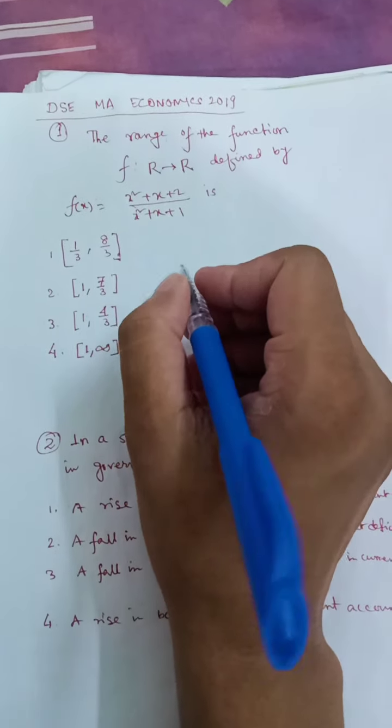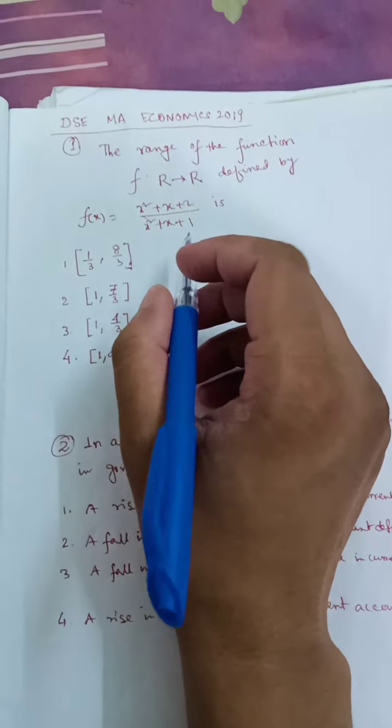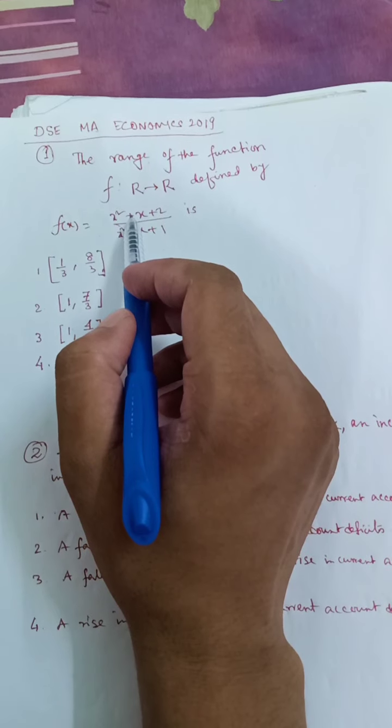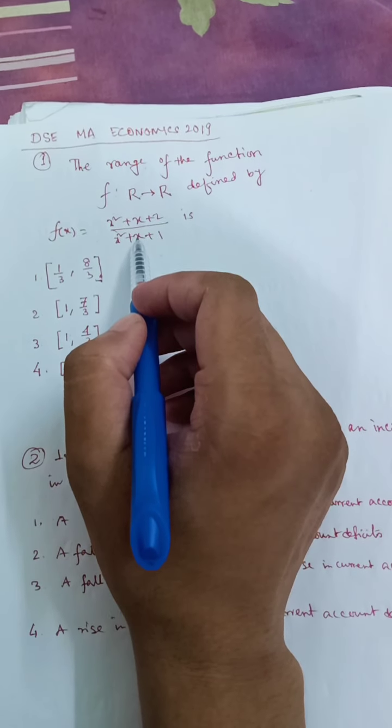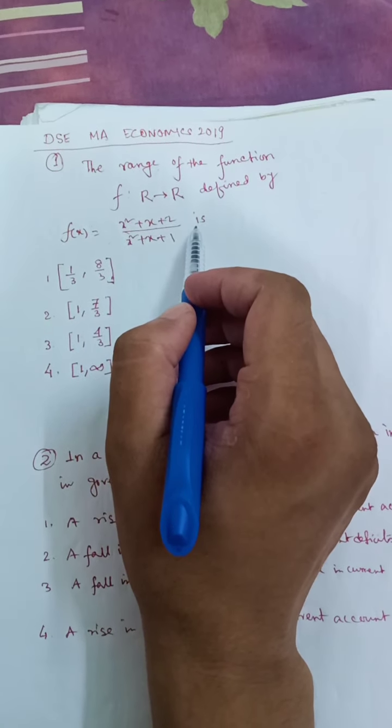The first question that I have selected is from mathematics, the calculus function part. The range of the function f, mapping R to R, defined by f(x) = (x² + x + 2)/(x² + x + 1) is.